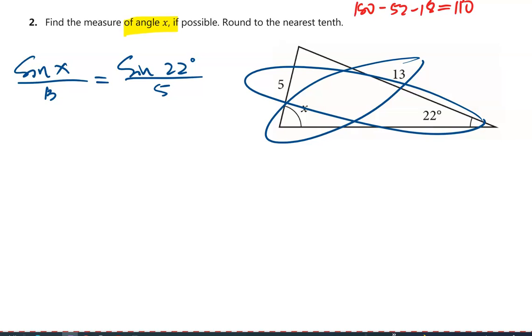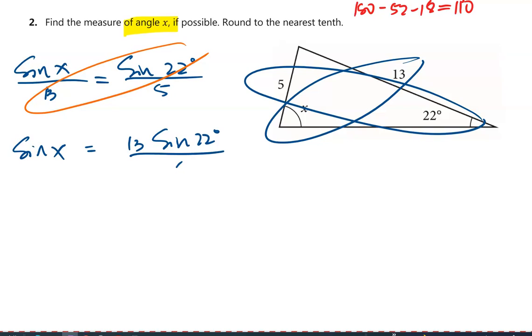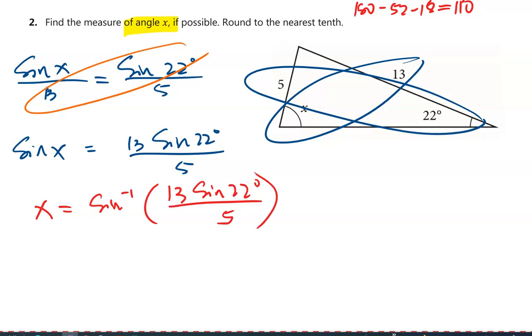So if we cross multiply, sine x is equal to 13 sine 22 degrees over 5, and then inverse sine both sides to solve for x. And use your calculator, x is going to be equal to 76.9 degrees.